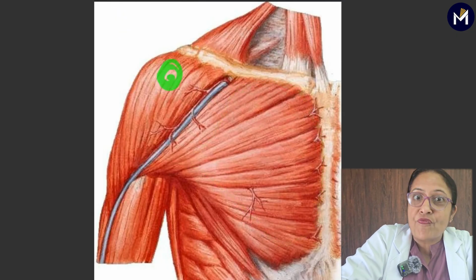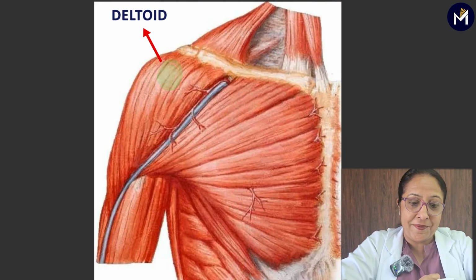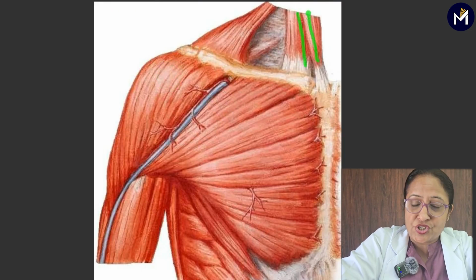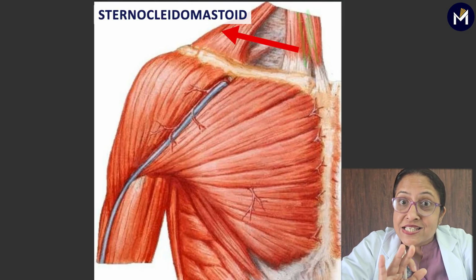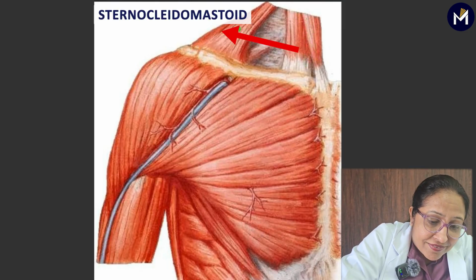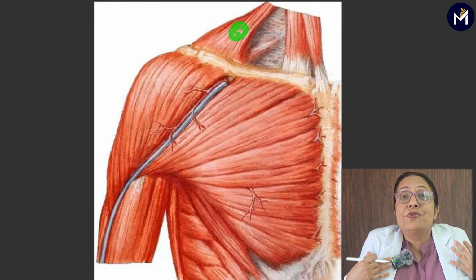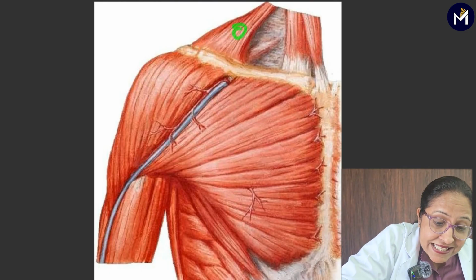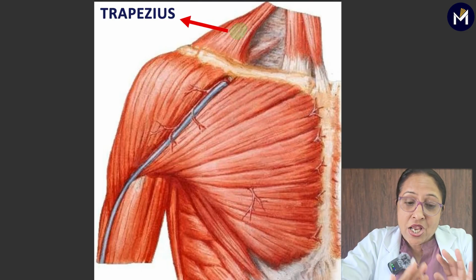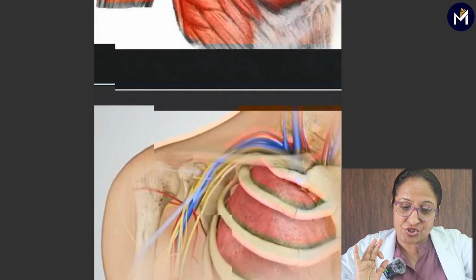This muscle of your shoulder region is deltoid. This muscle which helps you to rotate or turn your head is sternocleidomastoid, and this muscle which helps you to shrug or lift your arm above the head is trapezius. So, these are the muscles in this region.